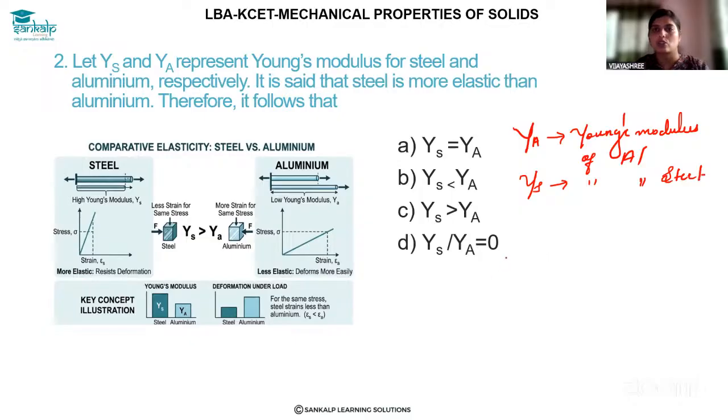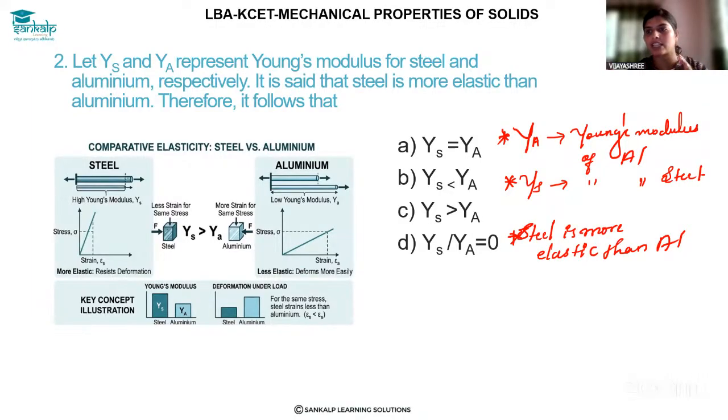So what are we given? Steel is more elastic than aluminium. So these three things we are given. We need to identify the correct option.